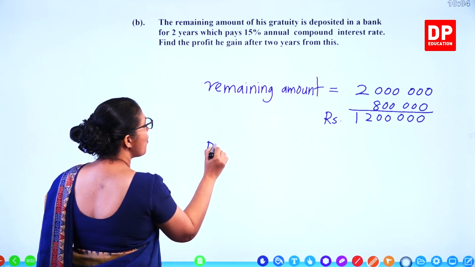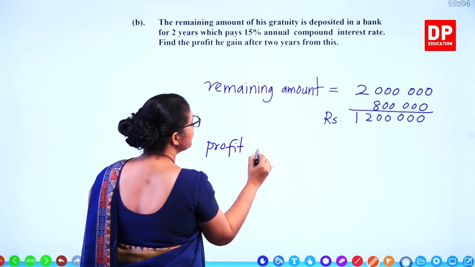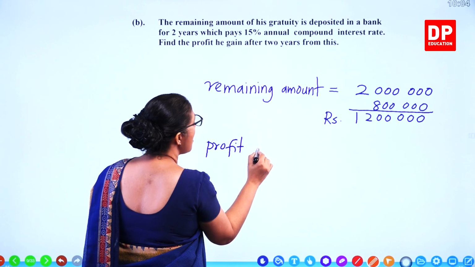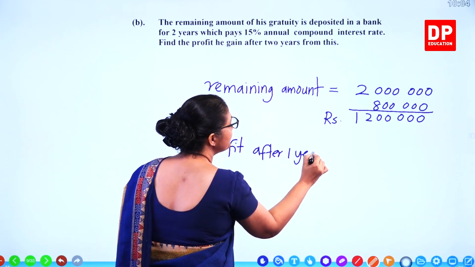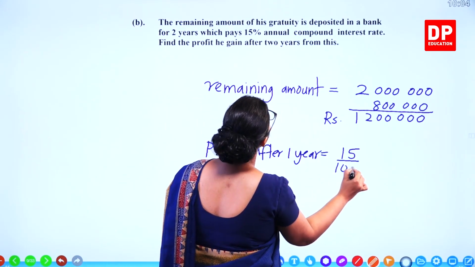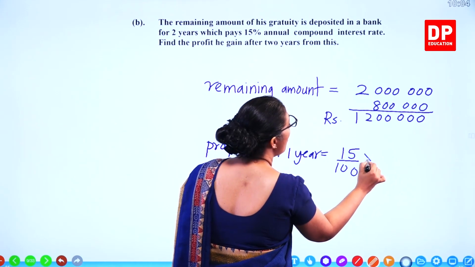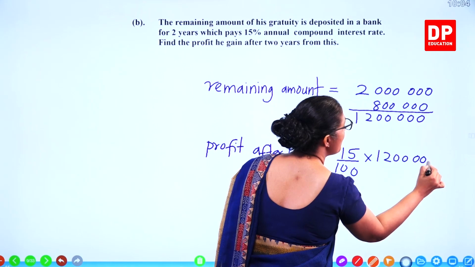So what is the profit after 1 year? 15% of this value, 1,200,000 rupees.